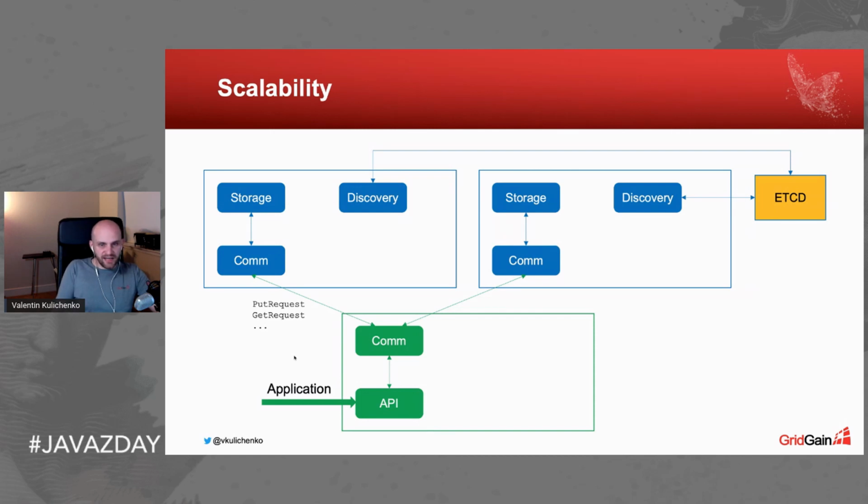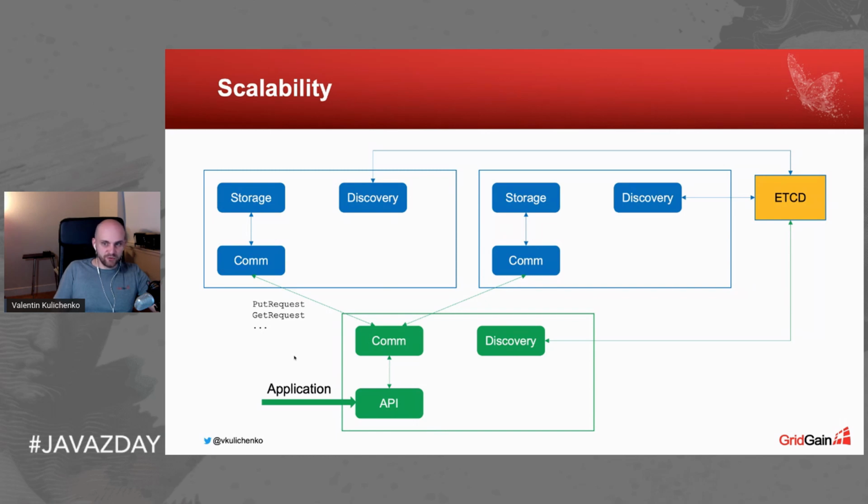Now, the client technically can connect to different nodes right now, but obviously, it doesn't have this information as well. So we want the client to have this information too, because otherwise the client doesn't know where to connect and where those nodes are. And for that, we'll do exactly the same. We'll just add this discovery component to the client as well. It will connect to the same etcd database, get the information from there, and work in the exact same way.